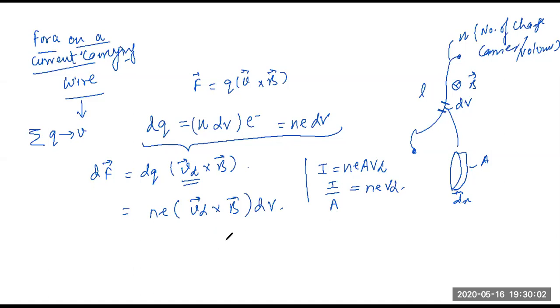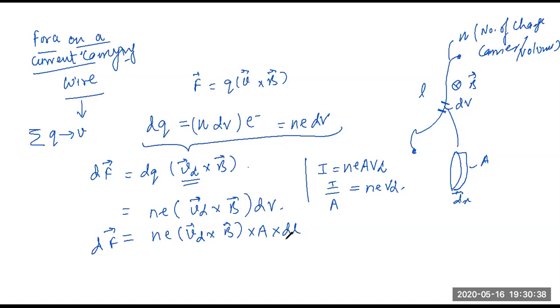I by A can be written as n e v_d. I'll first explain this, then I'll proceed further. The volume dV can be written as A into, let's say, dL, a small element.